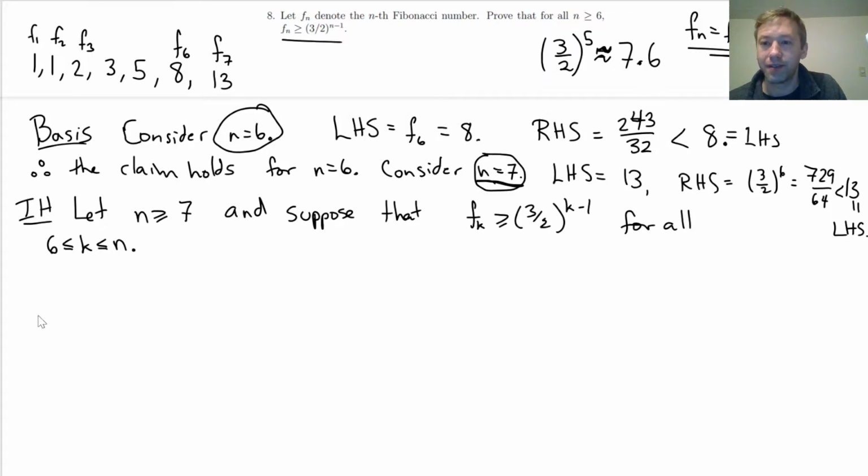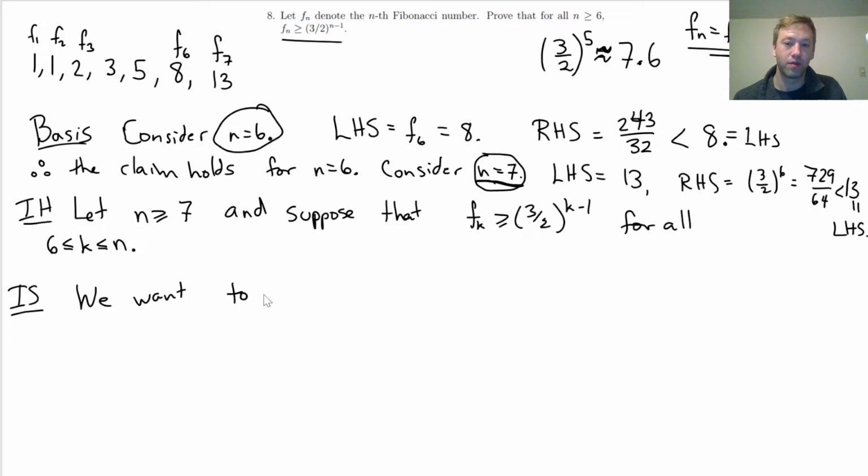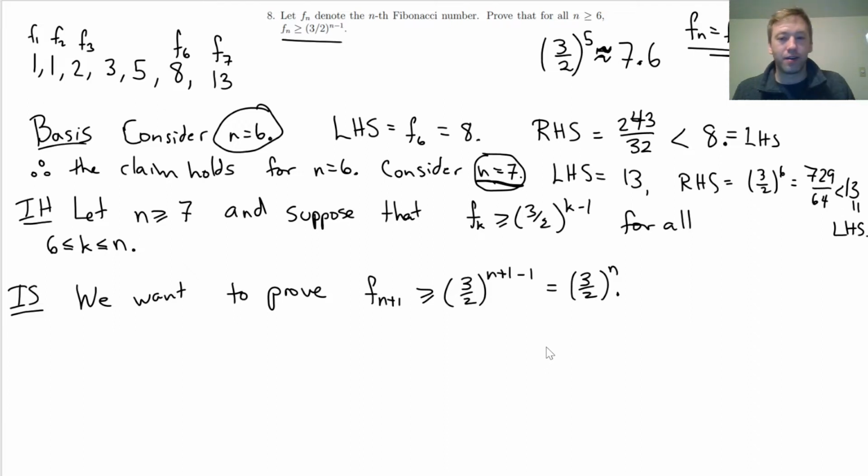Okay, so in my inductive step, what we want to prove is that f of n plus 1 is at least 3 over 2 to the n plus 1 minus 1, which is the same thing as 3 over 2 to the n. Notice here I wrote the words "we want to prove," and then I wrote what we want to prove.